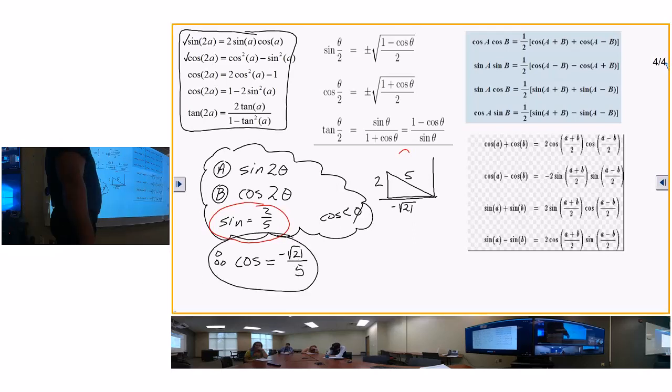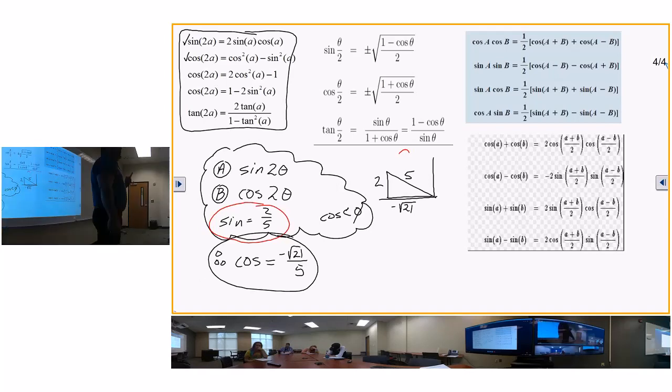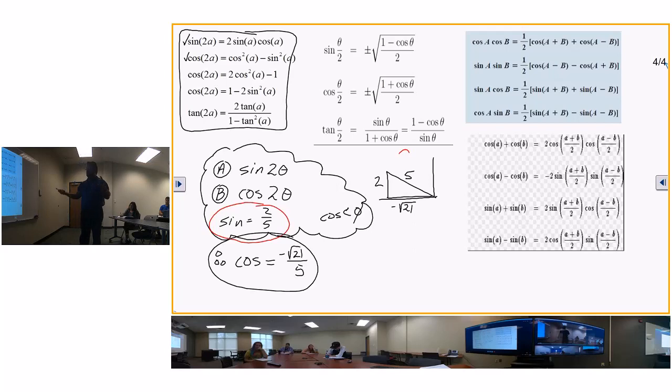Plug and chug. So, the first thing you need to do is find where you are. I did that by finding out what quadrant I'm in. The second thing I do is find the sine and the cosine, and in some cases you might need the tangent, depending on what the question's asking for. You can do that by the Pythagorean identities or the Pythagorean theorem. Most people use the Pythagorean theorem because they don't have to do all that remembering.